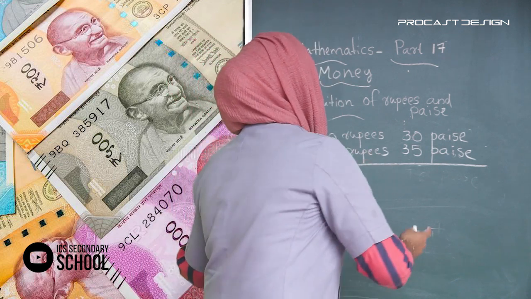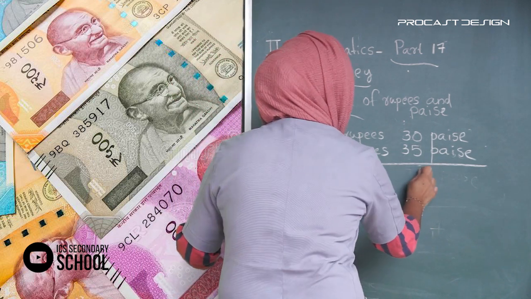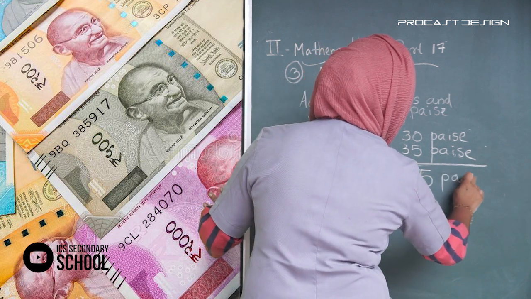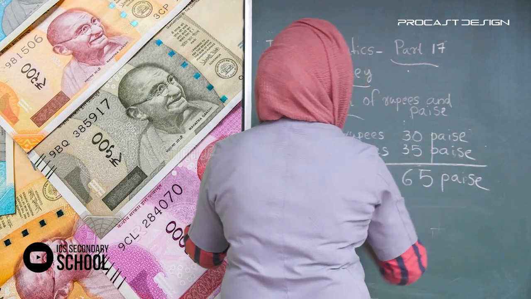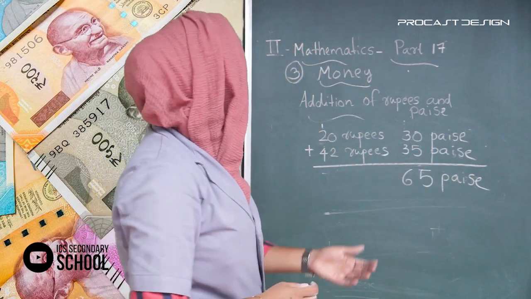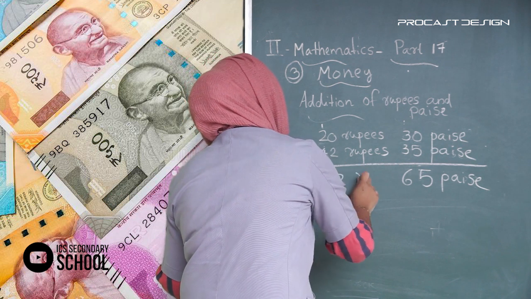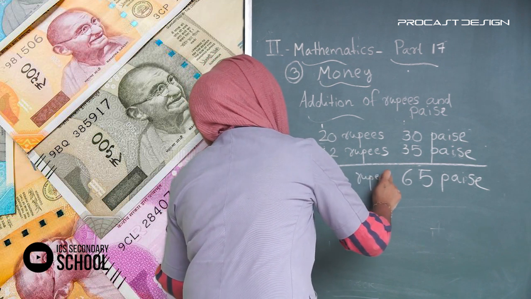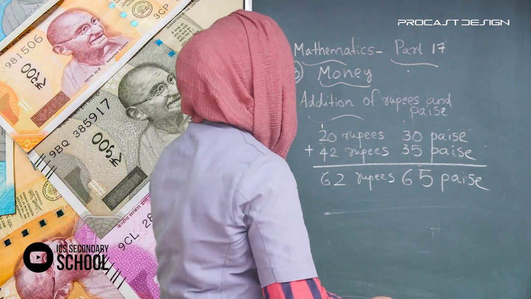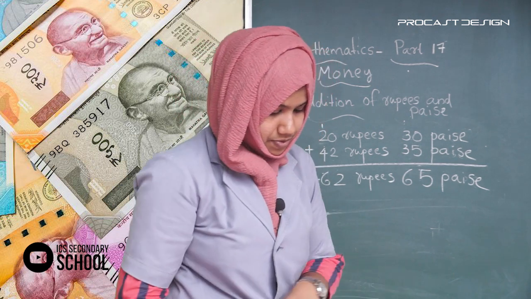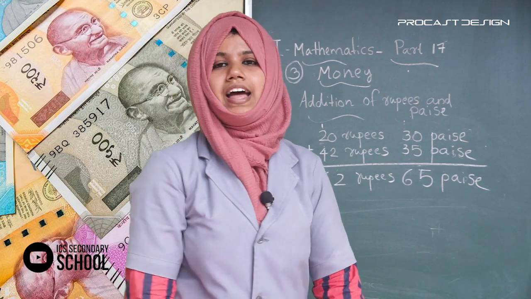So first we add the paise column. So 5 plus 0 is 5 and 3 plus 3 is 6, 65 paise. Okay, next is 0 plus 2 is 2, 4 plus 2 is 6, 62 rupees. Okay, so this is the answer.